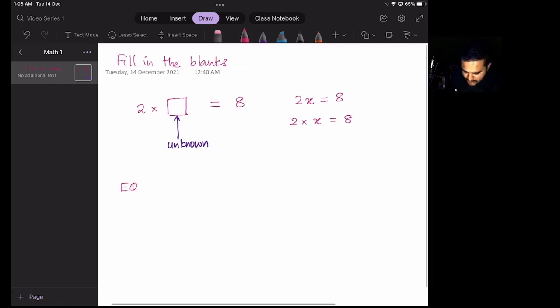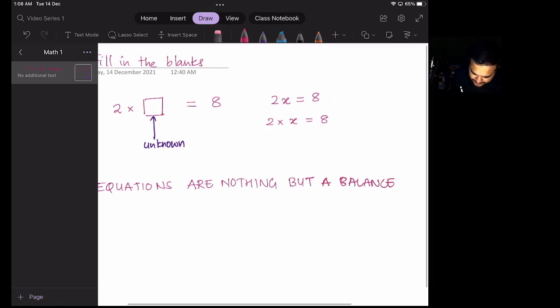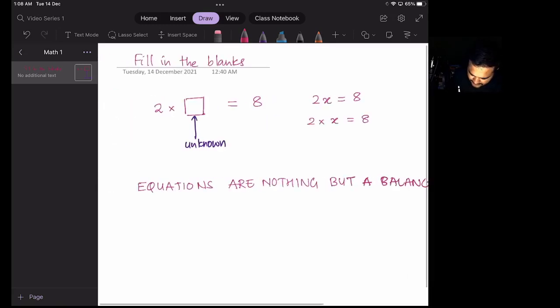equations, which are nothing but balances. You know for a fact that a balance looks like this.